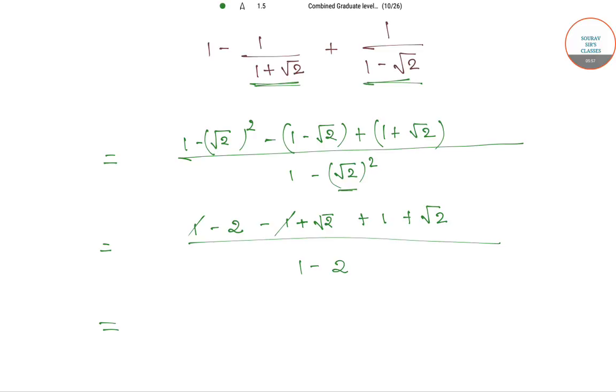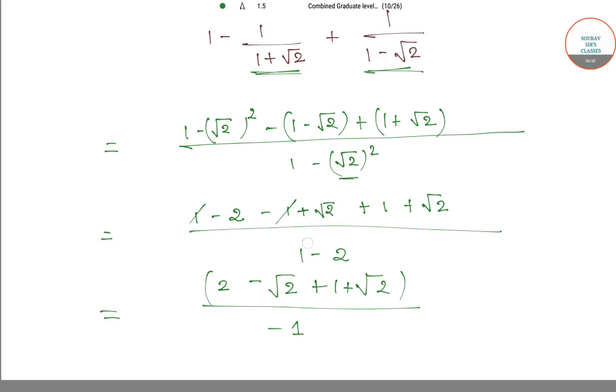Okay, and now we will have 2 minus, so we'll have this, so here minus root 2 plus 1 plus root 2 divided by this minus 1.